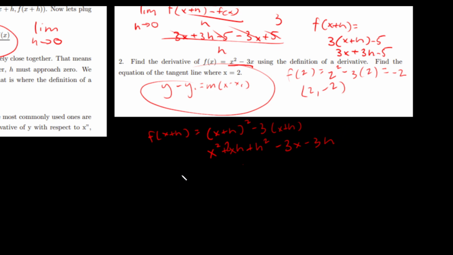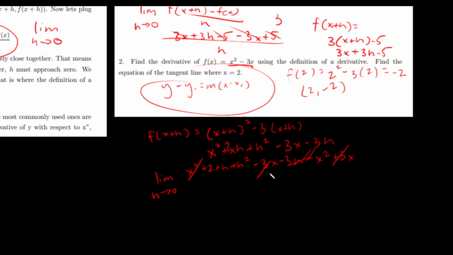And then we can just put it into our definition of a derivative. Minus 3h minus x squared plus 3x, right? Cancel. See, the point of these is it cancels out, right?